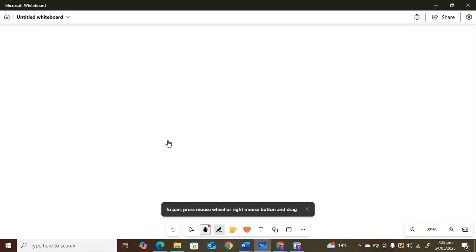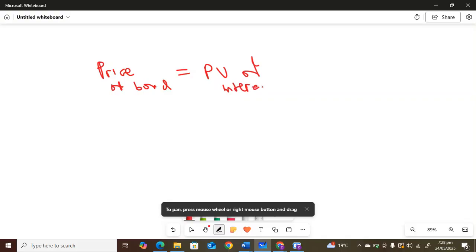So basically, the price of the bond, or the value of the bond, is the present value of the interest payments which you're going to receive as you're holding the bond, plus the present value of what you'll be paid when the bond matures, which is the maturity value.